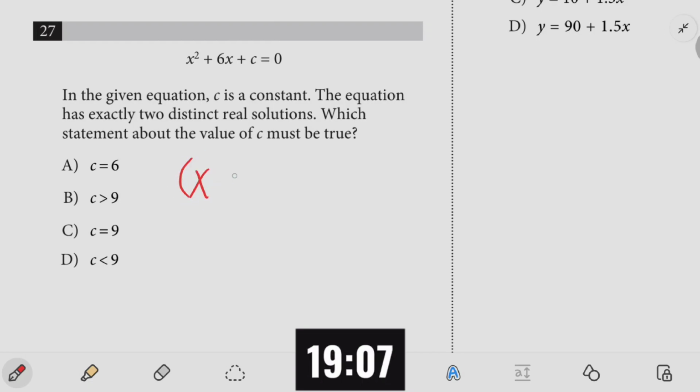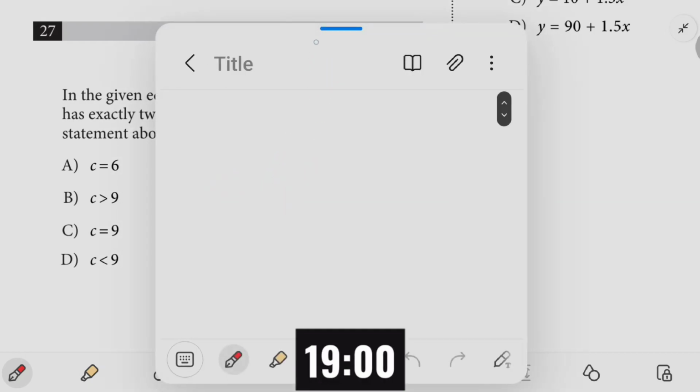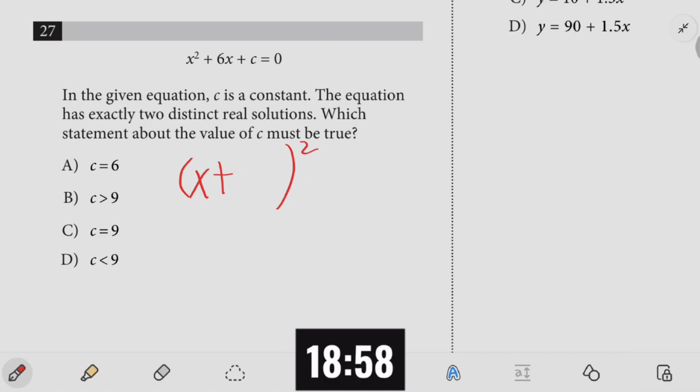You could write x plus square root of 6 squared. No, you can't write that. 3. So if it's 9, then we have only one answer.